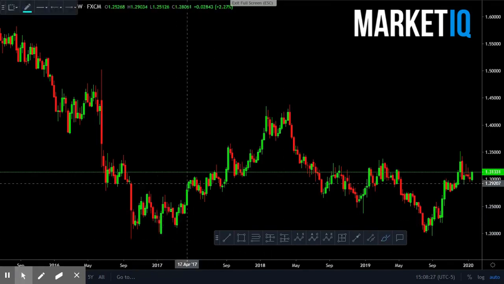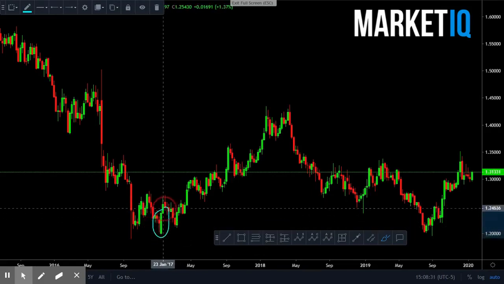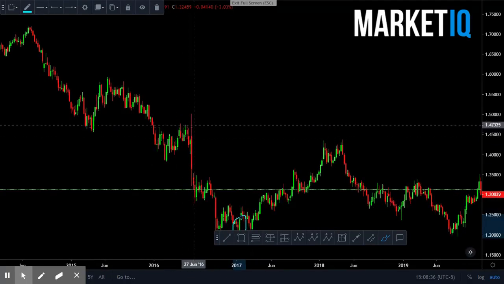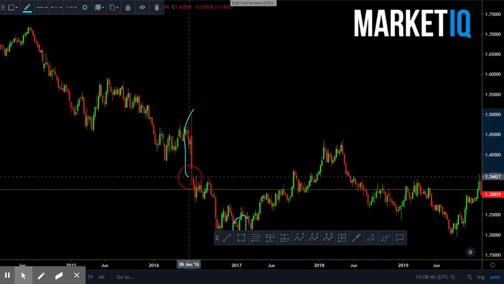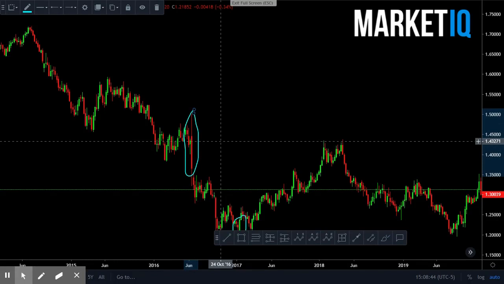I'll circle it for you. This is an engulfing candle, okay? And we've got another zone up here. This is an engulfing candle right here as well, since it's so big, okay?